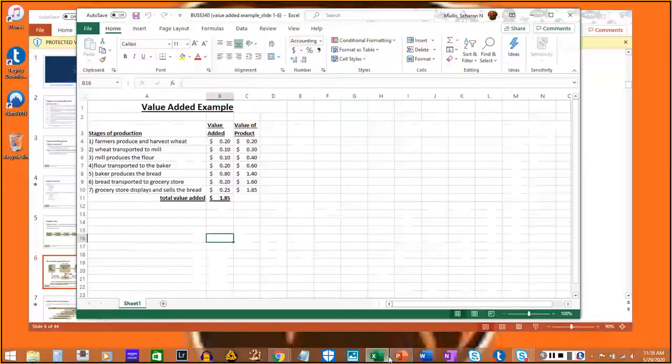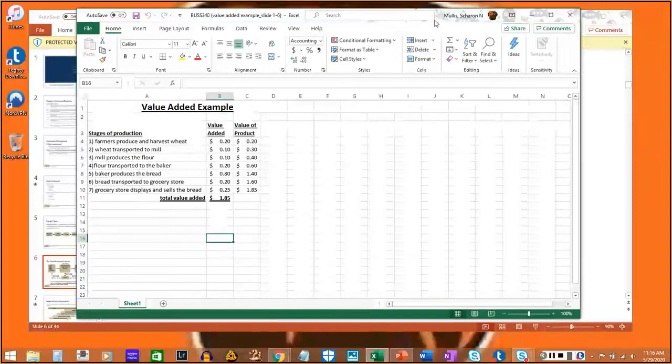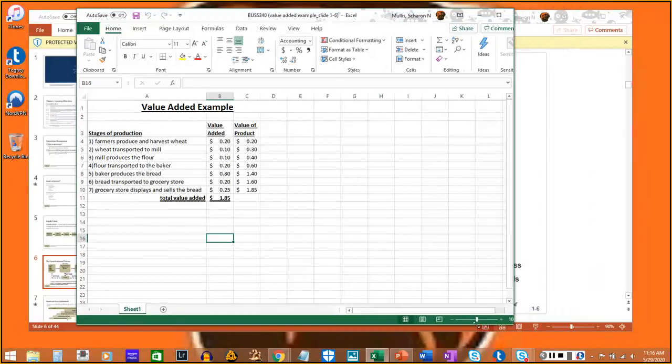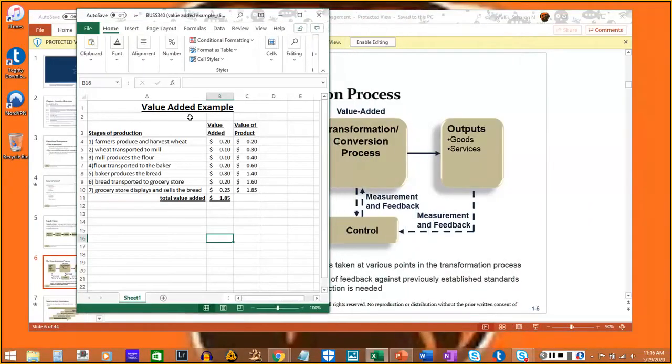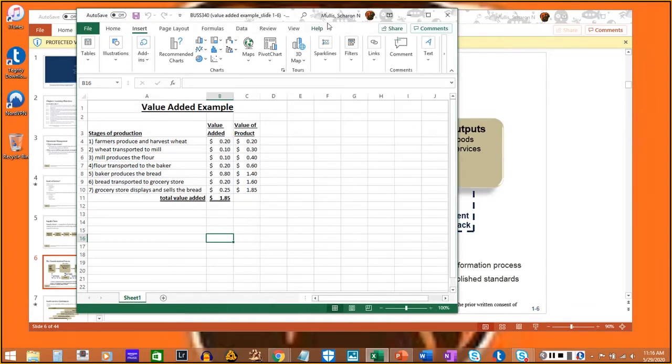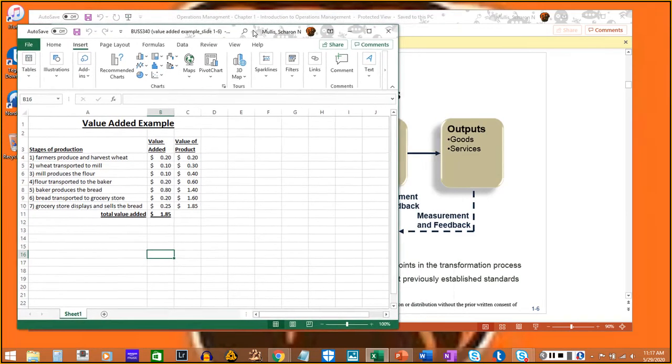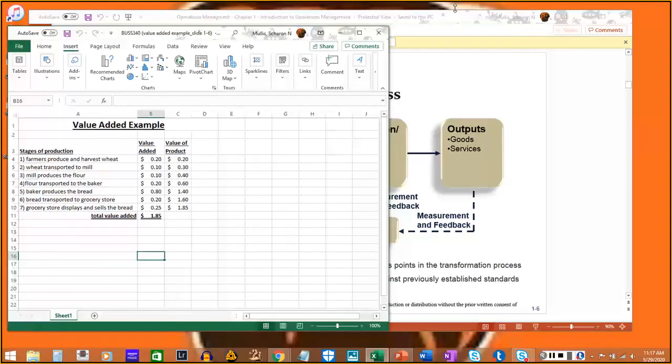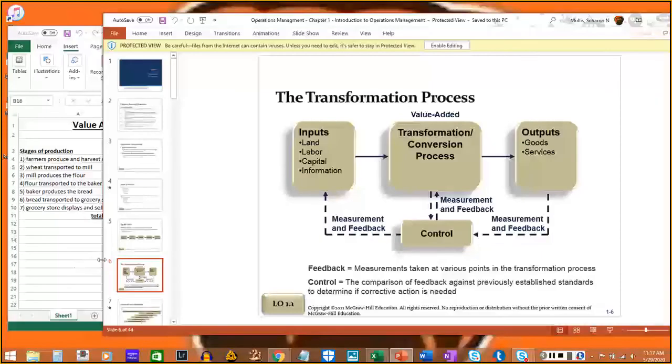All right, so I'm going to open up my little Excel example. Be able to have these both on the screen.